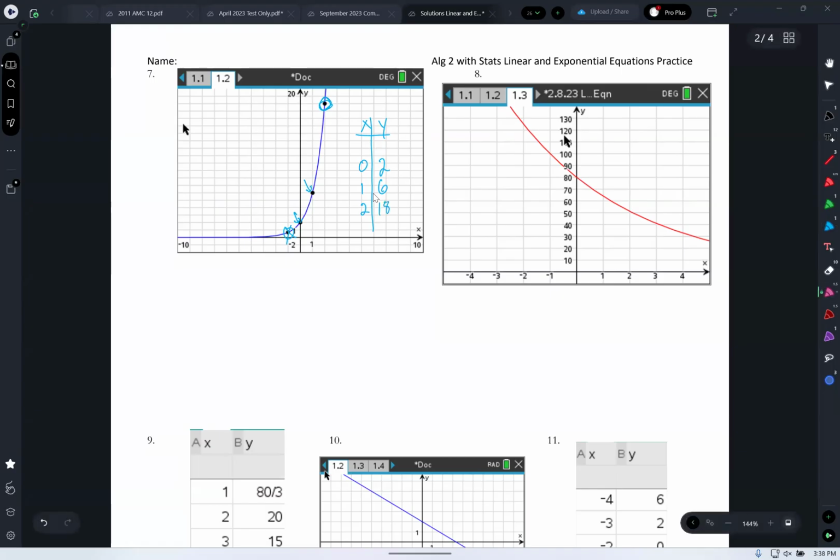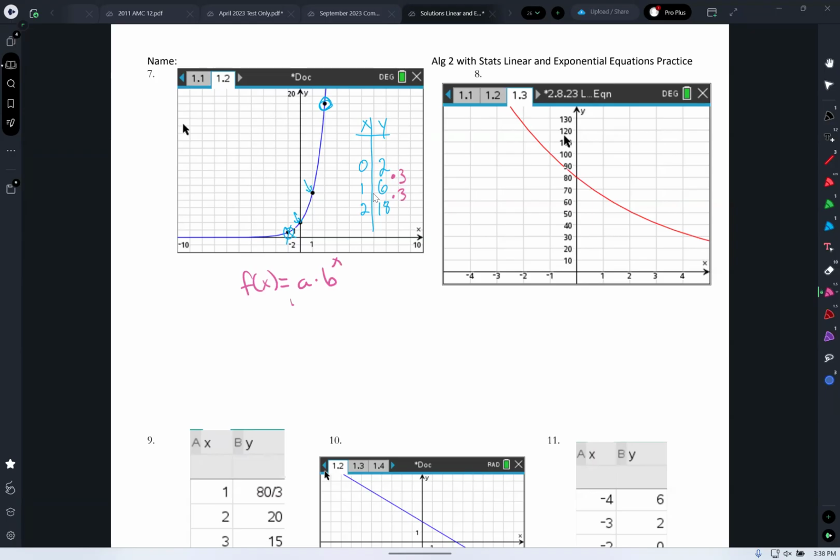Now I can easily tell that I'm multiplying by 3. I don't even have to do the fancy times f to figure out what the factor is. I can clearly see that I'm repeatedly multiplying by 3. And I didn't even have to make the table to know this is exponential. That's literally an exponential curve. So as soon as I see that graph, I know I'm using this equation because it's an exponential curve.